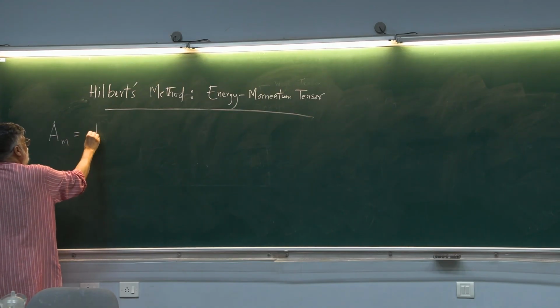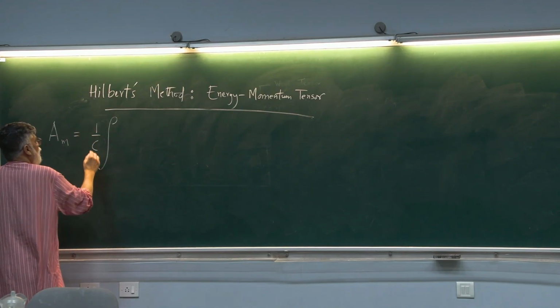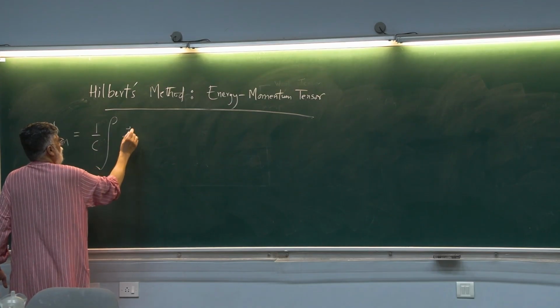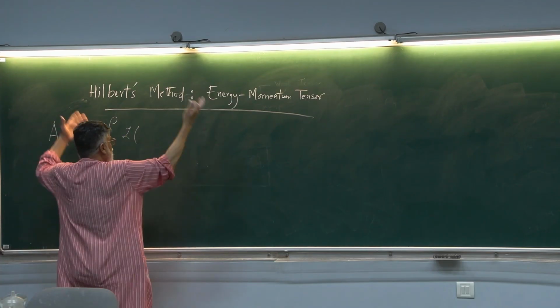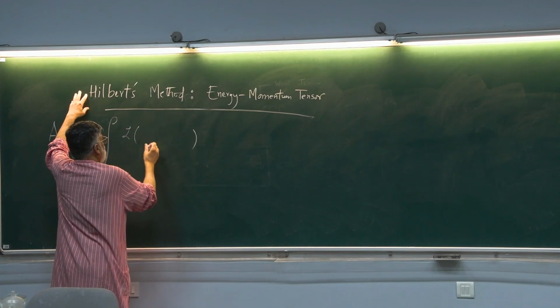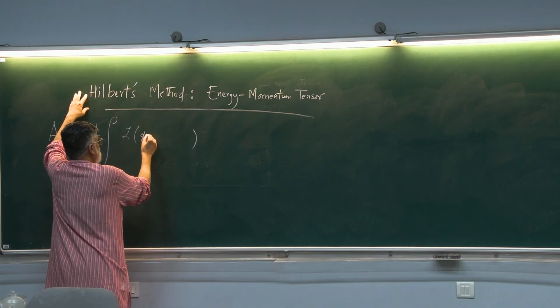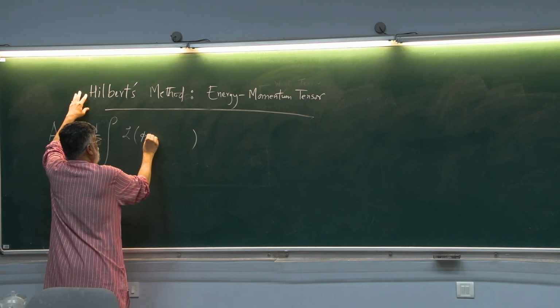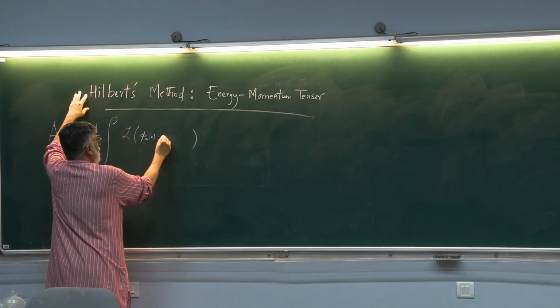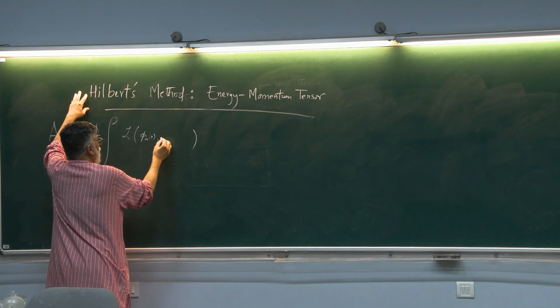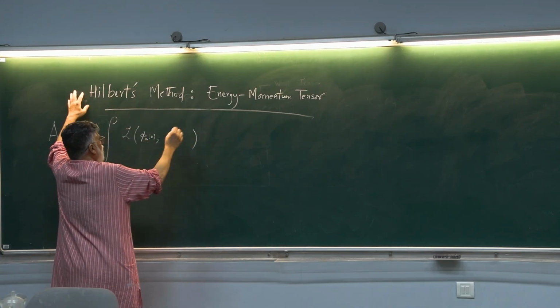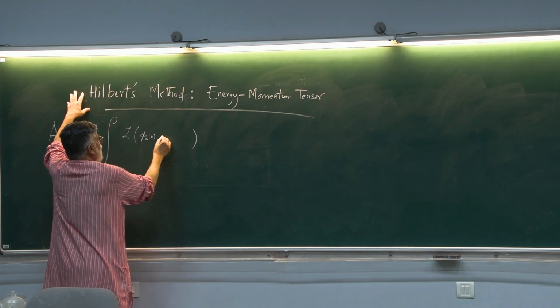The action for the matter will be 1 over c times the Lagrangian density of some field variables. Let's call the fields phi a. These phi a fields depend upon x and covariant derivatives. So we are not talking about a curvilinear coordinate system, so we will have covariant derivatives.